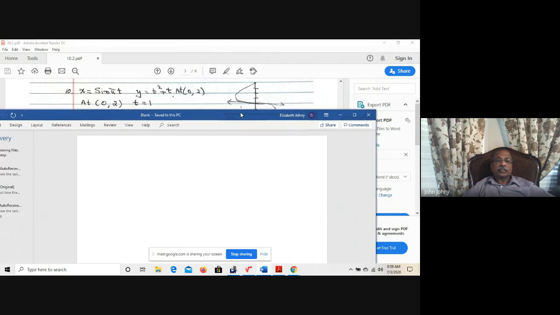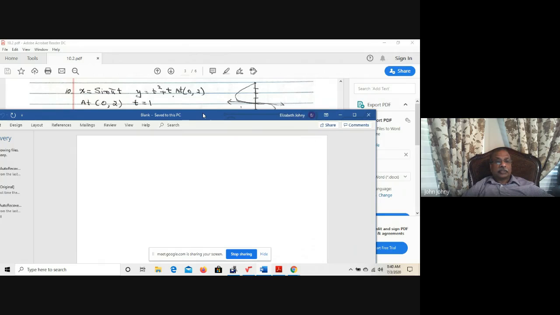As in the previous case, find the value of t. sin(πt) is 0, means t is 1 because sin π is 0. And t² plus t is equal to 2. So t must be equal to 1.